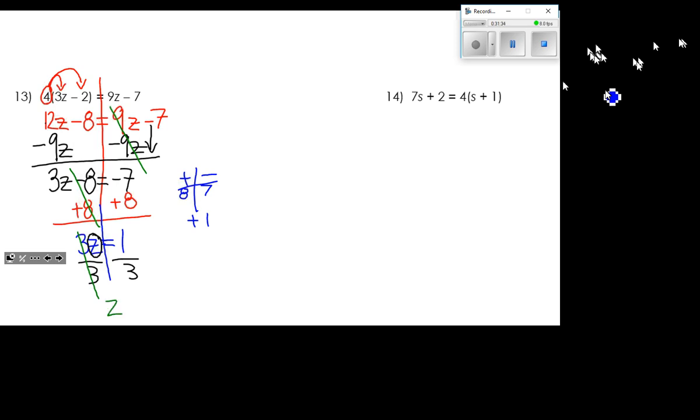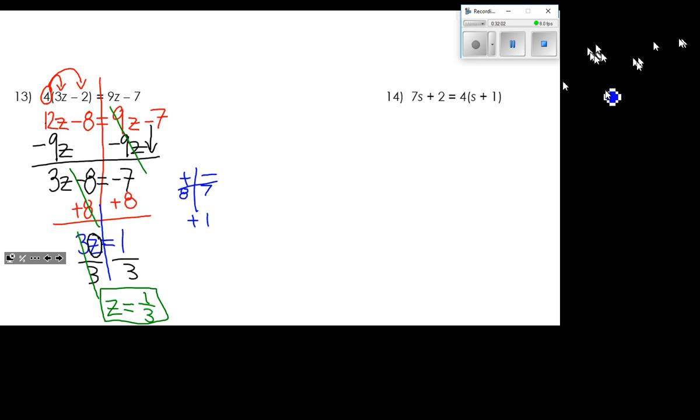And I am left with z equals, and I know that 1/3 does not simplify to a whole number. I don't need to get my calculator out. I just need to leave it as a fraction. It is 1/3. Just leave it as that, and that will be your final answer.